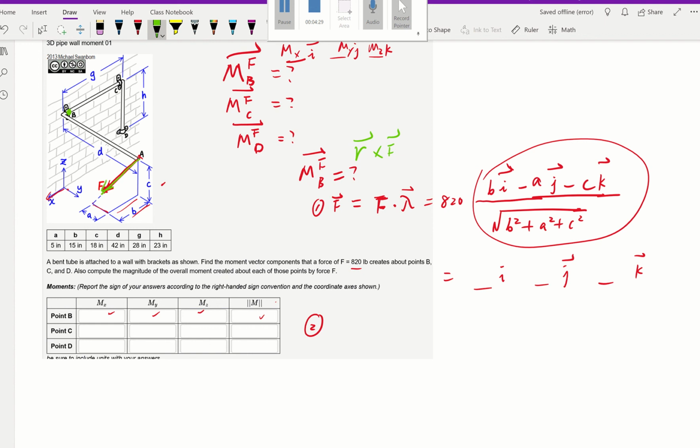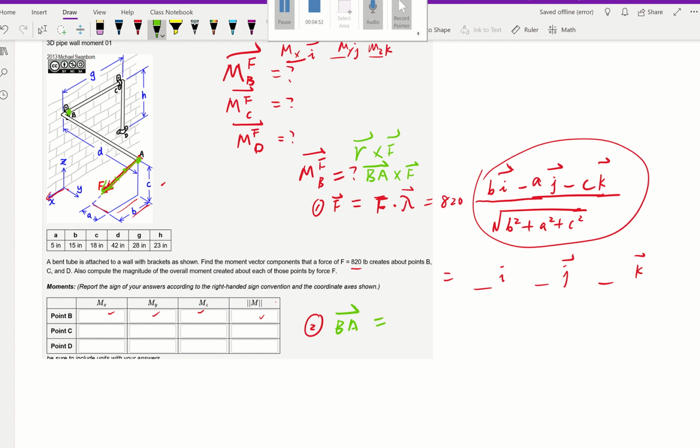There's only one choice for me, because I don't know the coordinates of the other points showing here, so I'll go from B to A. That's my easiest choice: BA cross F. So I just need to find the position vector BA.